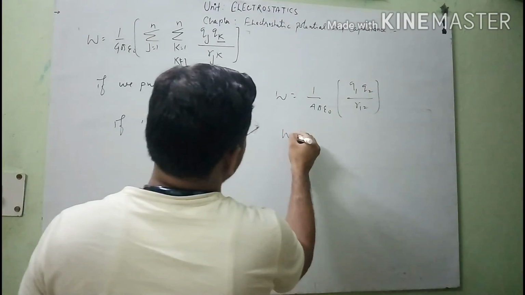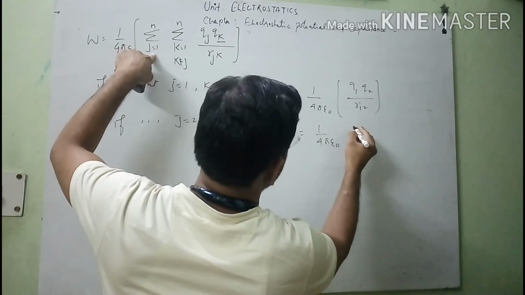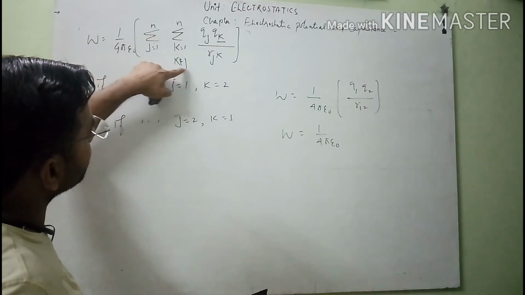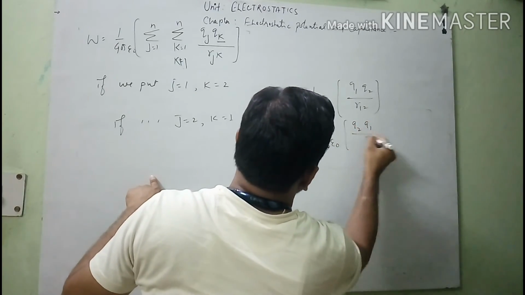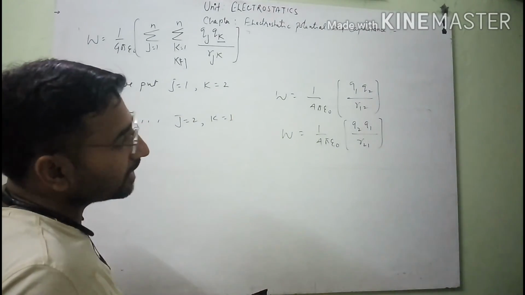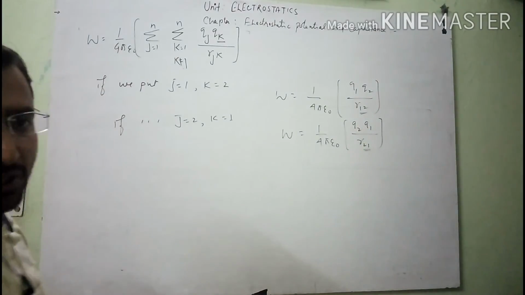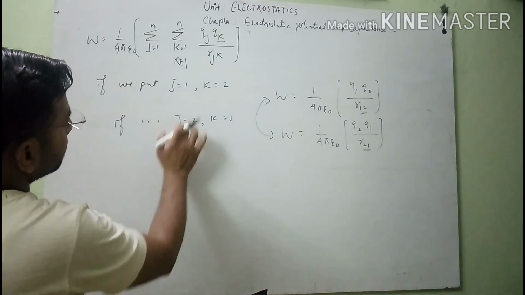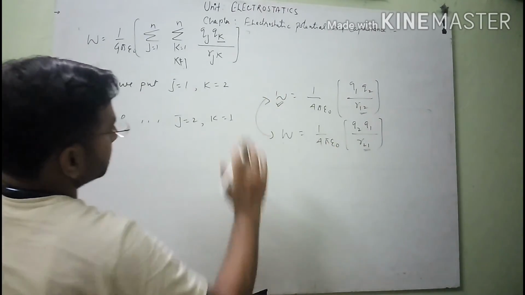Then the same amount of work you will observe, 1 over 4 pi epsilon naught, because you know that the condition is k is not equal to j. That time the answer will be Q2 Q1 over r21. So what is the difference between these two? Nothing, because r21 and r12 is the distance which is equal in magnitude. So here we observe that following this condition, we obtain the same work 2 times.